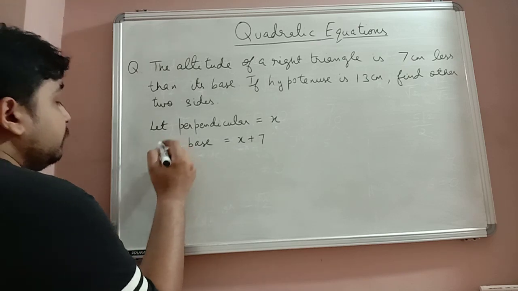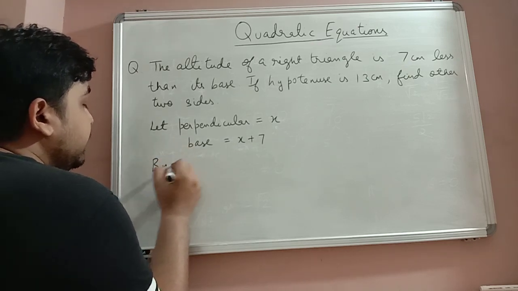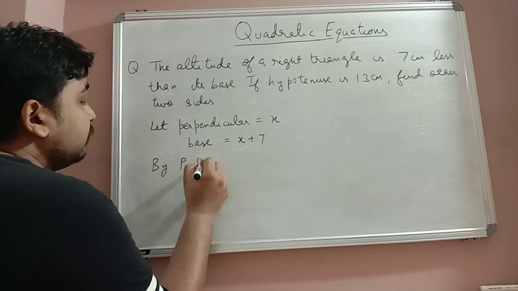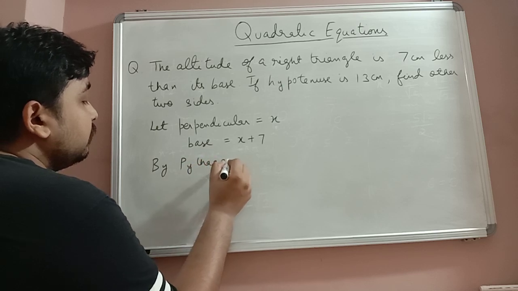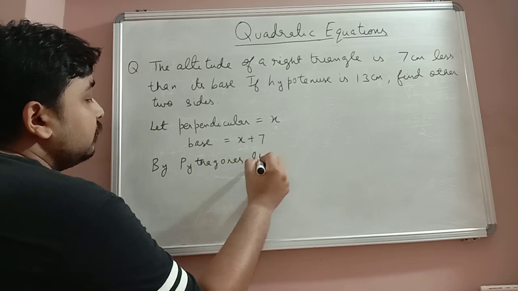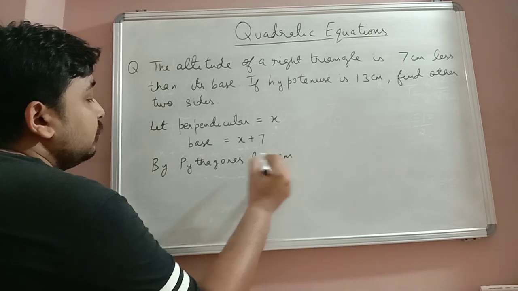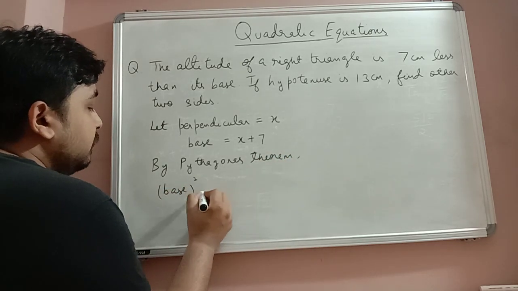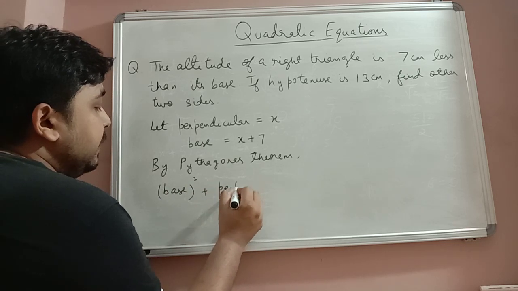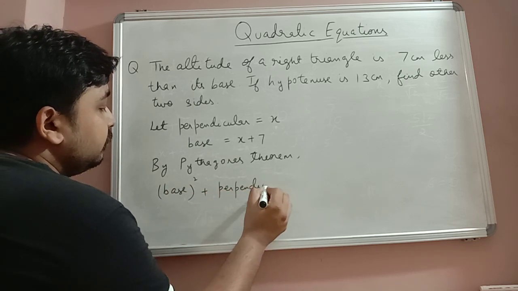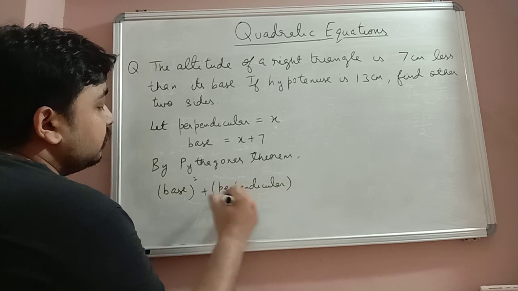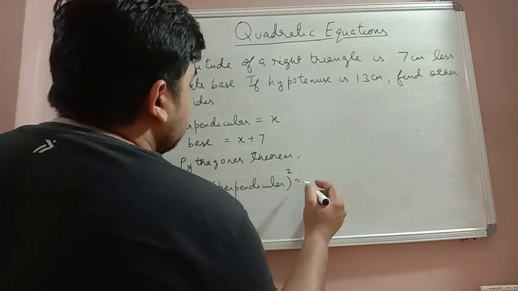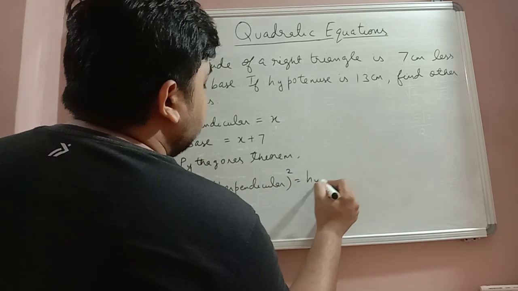Alright, so by Pythagoras theorem we can say that base square plus perpendicular square is equals to hypotenuse square.